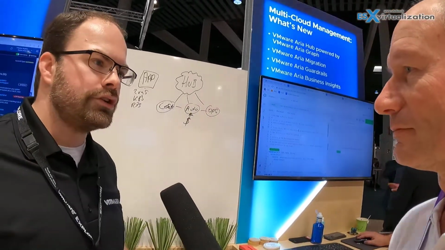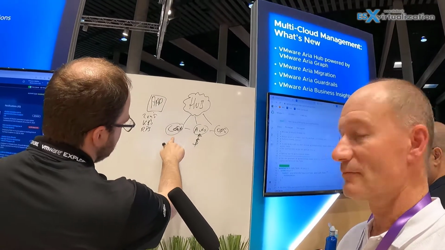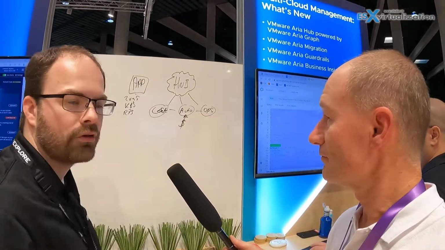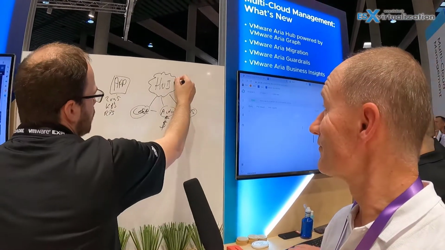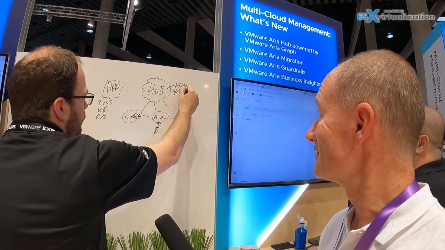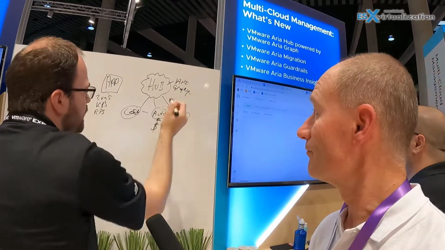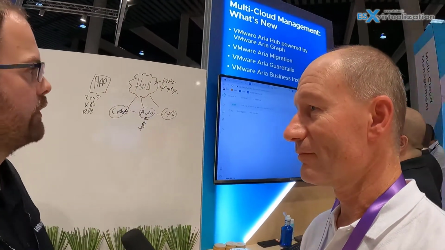With the other piece that I mentioned, the fact that it's backed by Aria Graph, how do we actually query all of that information? Previously, if we wanted to query information for VMs, we'd have to query an API for the cost, for automation, and for operations. Now you no longer need to do that because we have that backed as an API here. I apologise for my terrible writing, but we layer GraphQL on top of that.